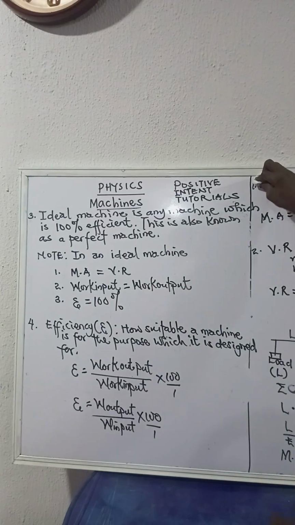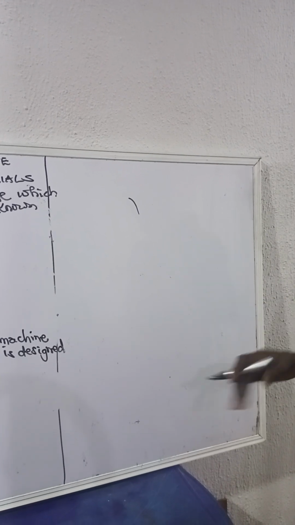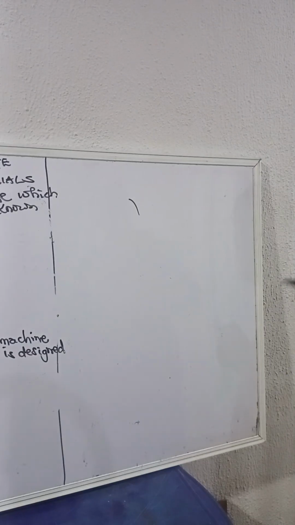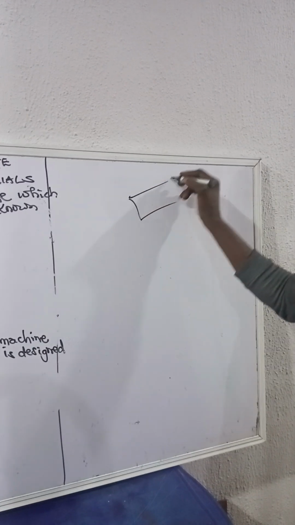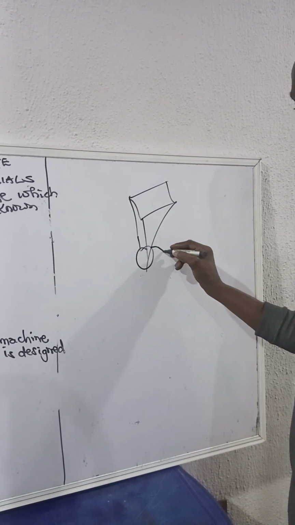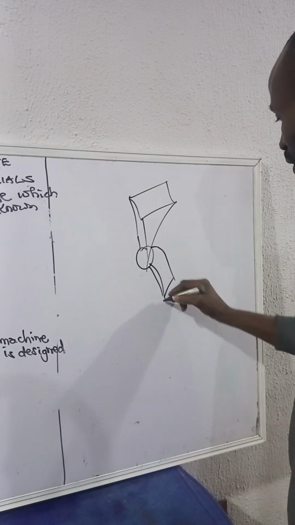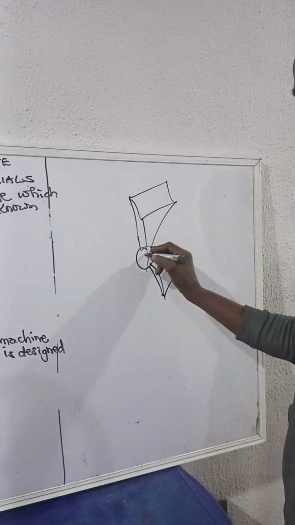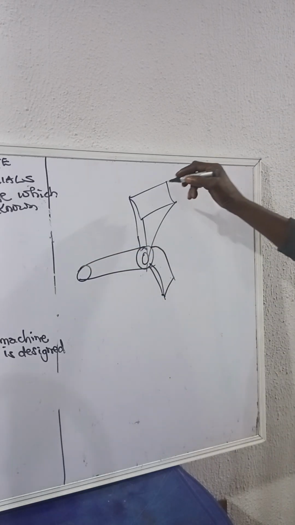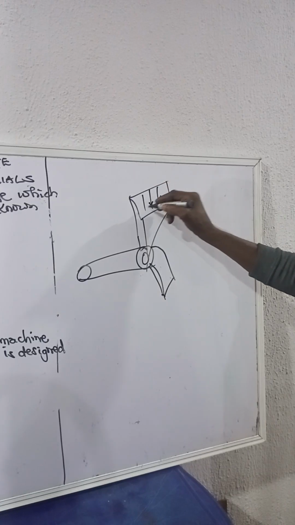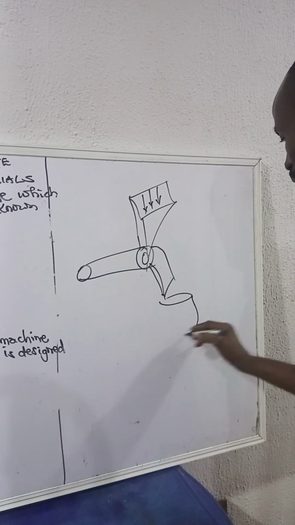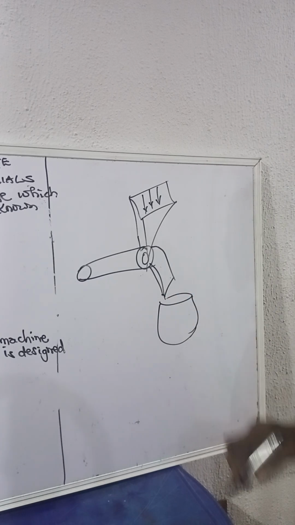Now, for you to have a better understanding of what work output and work input are, let us assume that this is a grinding machine. So it has this part where we collect whatever we grind. This is our grinding machine. Now, let us assume you put your pepper in this. Then we are to collect our pepper here.